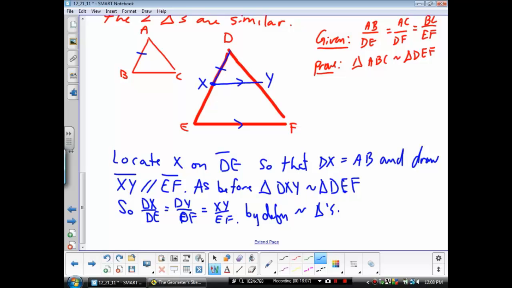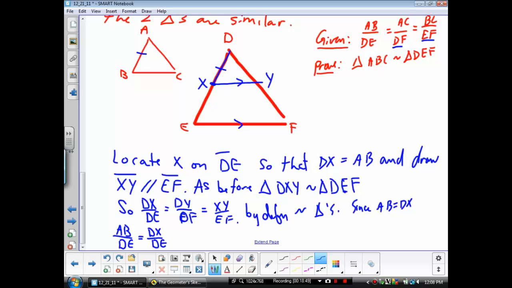Now, since AB equals DX, I can do the same thing as I did before and make a substitution. AB will be to DE as DX is to DE, and that is equal to each of these other pieces in the given: AC to DF and BC to EF. Since they're all equal, I can use the transitive property. It doesn't matter what order I state them in.